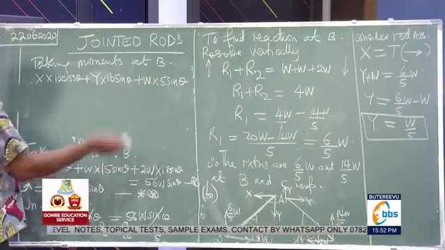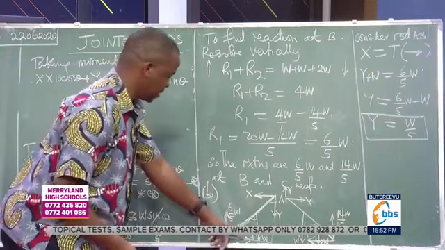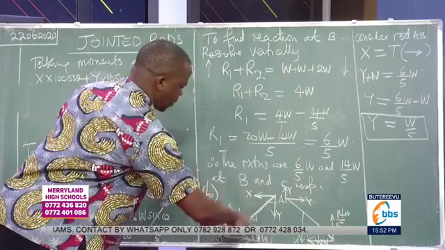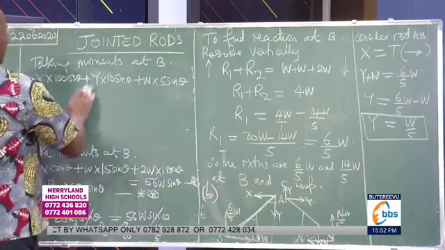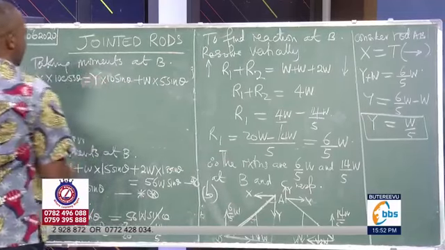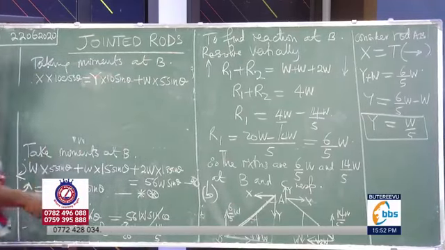In equilibrium, X is anti-clockwise, Y and W are clockwise, so I should have an equal sign here. In equilibrium, we have this.